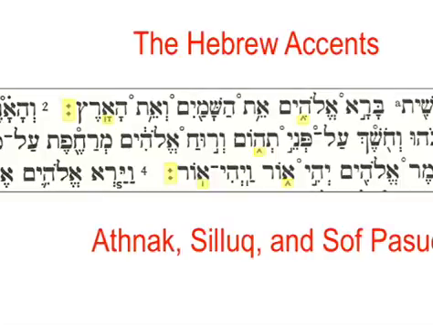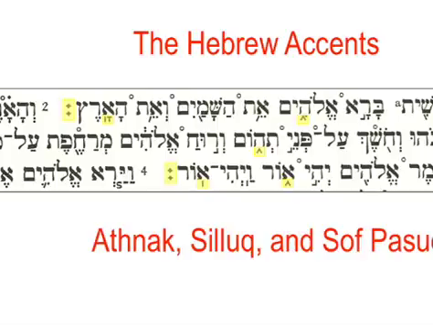The next item I want you to look at in the Hebrew text is the Athnak. There are 3 Athnaks highlighted in yellow on your screen. The Athnak marks the logical midway point in the verse. So look at verse 1, and you will see Bereshith, Bara, Elohim.